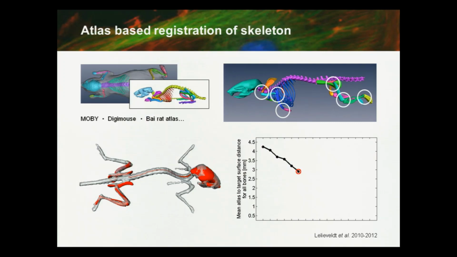Initially they do a global match. You will see that when the movie repeats itself. And after the global matching, they start matching one bone after the other. Okay, let's wait until it repeats itself.